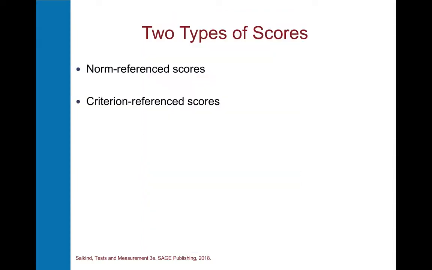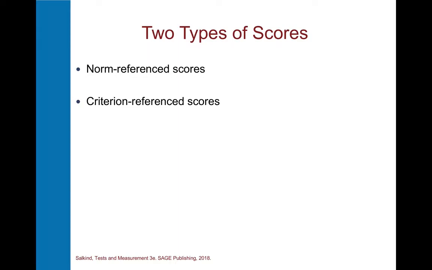To help in interpretation, we need to talk about two general classes of scores: norm reference scores, when we use norms to evaluate one's relative performance, and criterion reference scores. We'll spend the majority of this lecture talking about norm reference scores, actually.